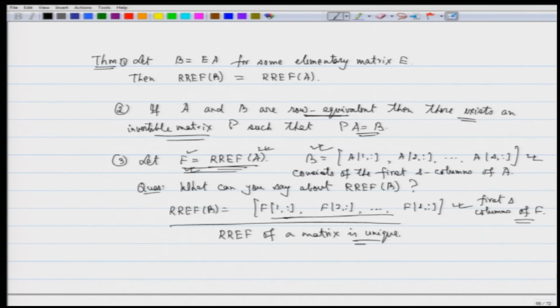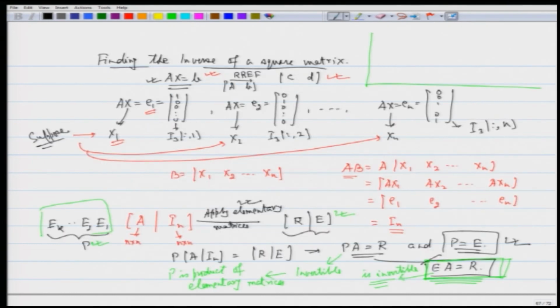So, what we are saying is that if this is the RREF of A and In, then by the previous theorem R is indeed equal to the RREF of A, fine.